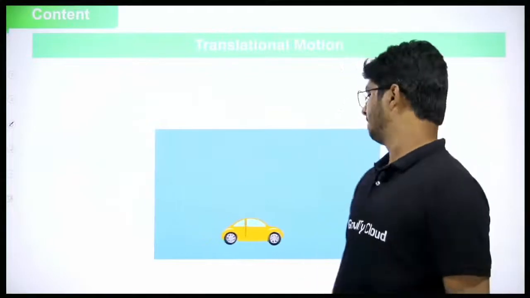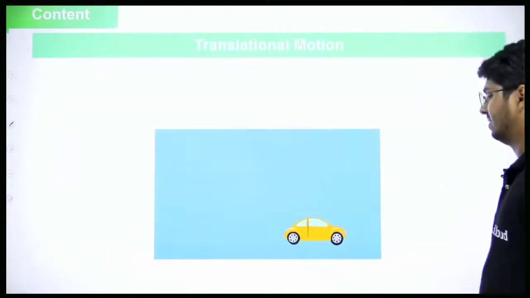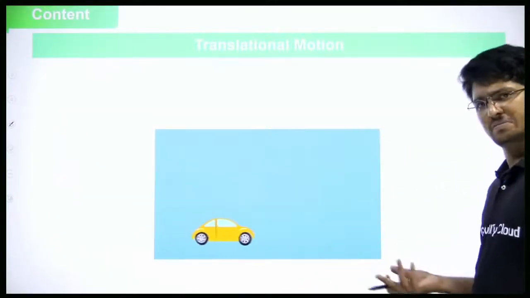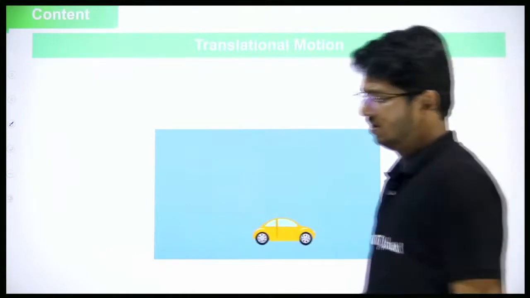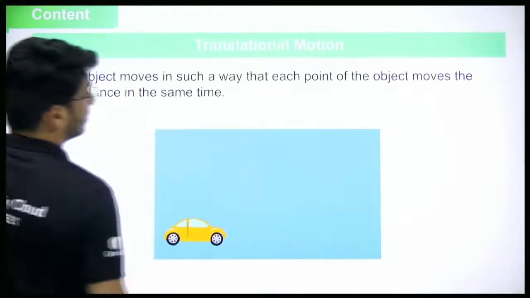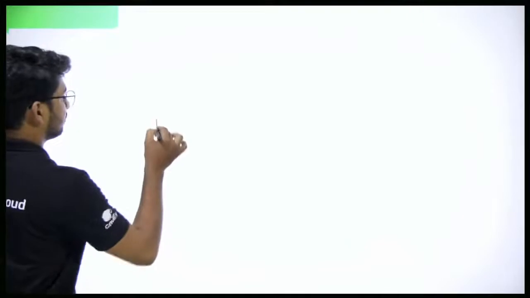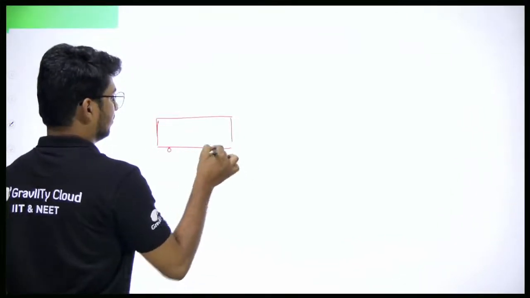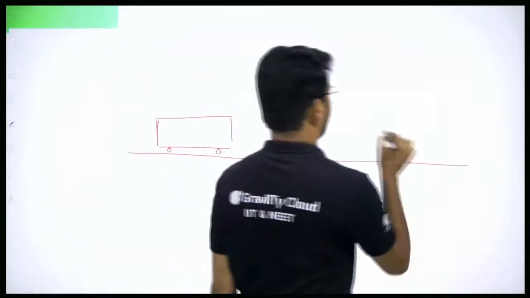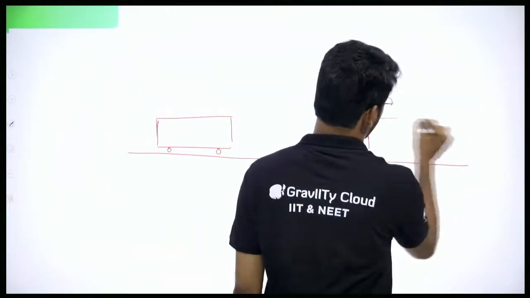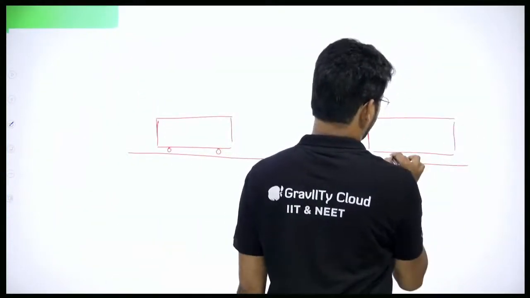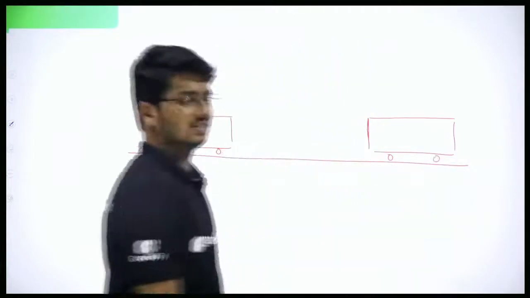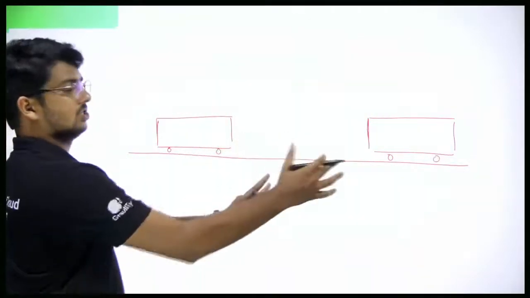So here, look at this. Look at a car. A car is moving. Very simple case. Now when you look at this car, I'll just take a slide. Let's say the same car has gone from this position to that position.